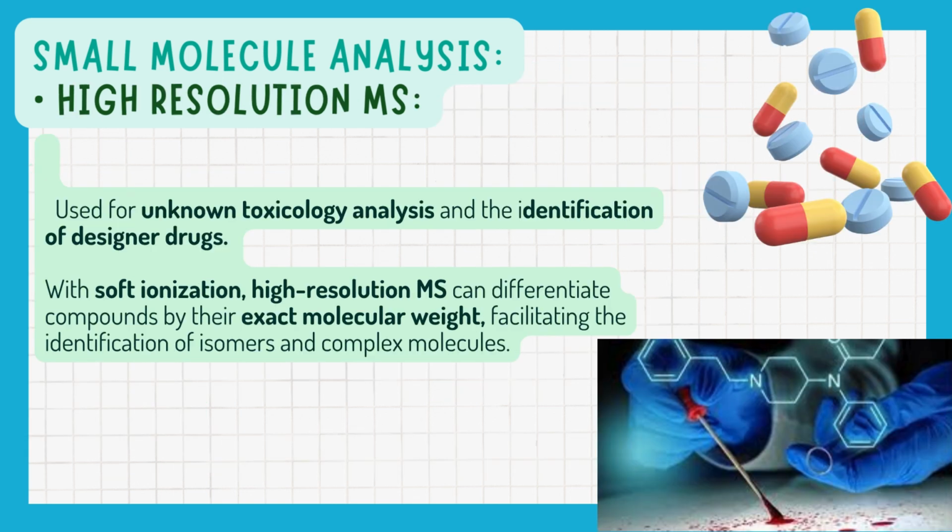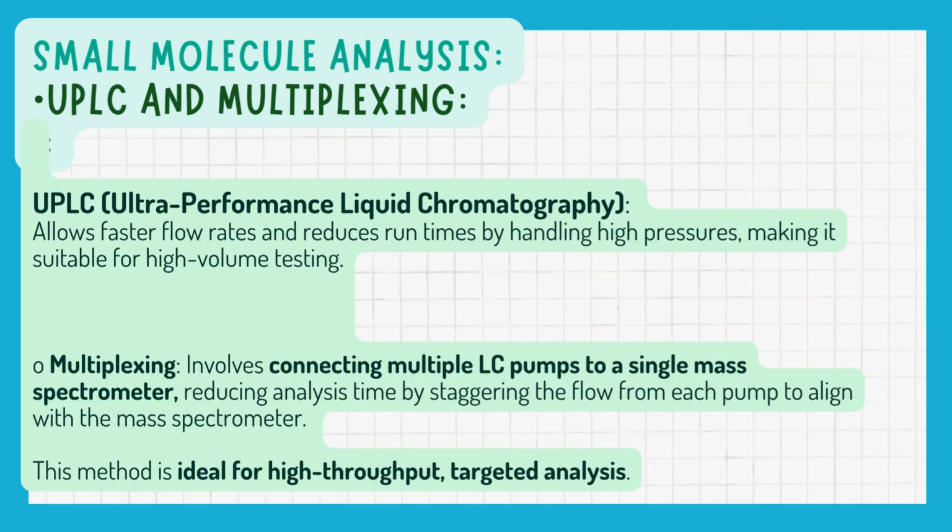And then we have high resolution MS, used for unknown toxicology analysis and identification of designer drugs. With soft ionization, high resolution MS can differentiate compounds by their exact molecular weights. We also have UPLC and multiplexing.